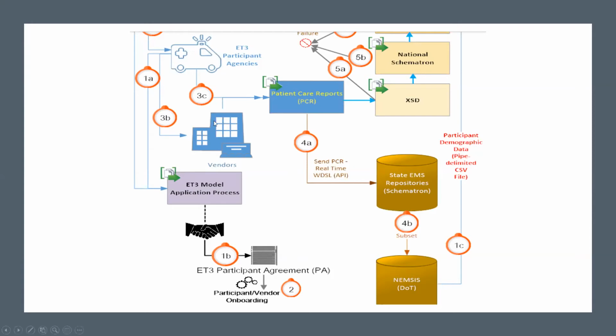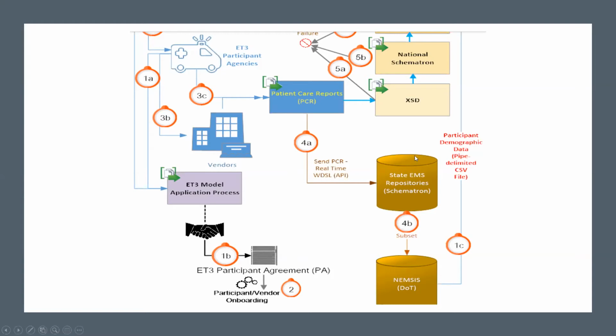So we wanted to make sure that they're also put on the page here. And ultimately, between the two of them, there's going to be a submission of patient care reports. So that's what flow 3C here is representing.